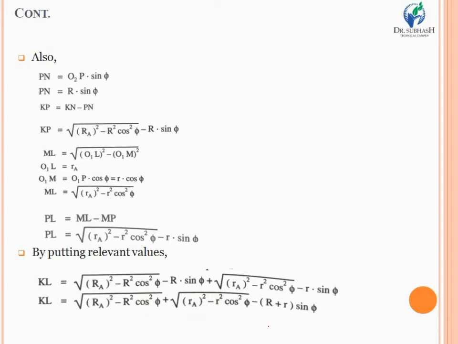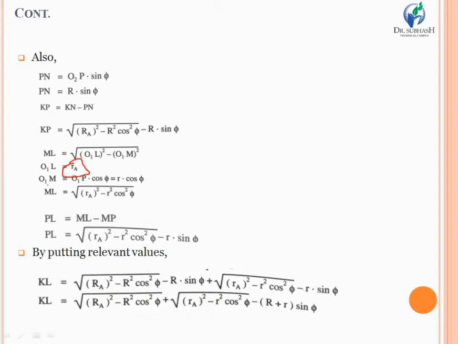Now similarly, if you consider a right angle triangle, ML will be the under root O1L square minus O1M square. This relation is obtained whenever you take the right angle triangle O1ML, but in that relation O1L is replaced by the radius of the gear.